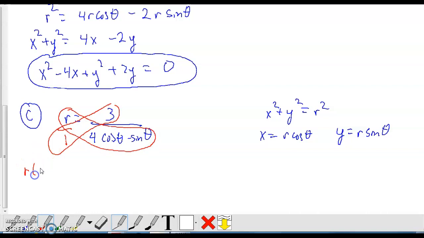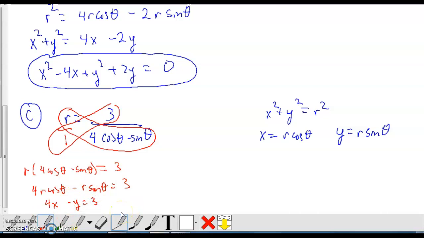So it'll just be r times 4 cosine of theta minus sine of theta is equal to 3. So 4r cosine of theta minus r sine of theta is equal to 3. r cosine of theta, there's your x, so 4x, and there's your y, minus y is equal to 3.